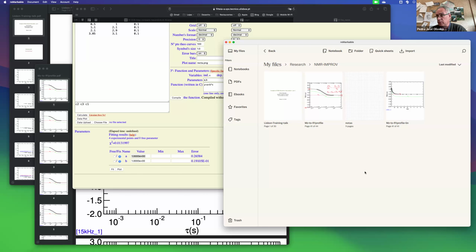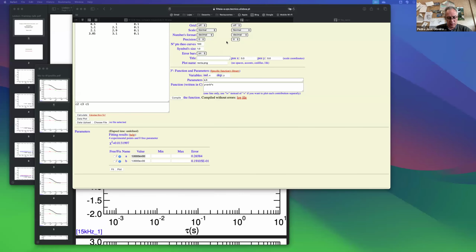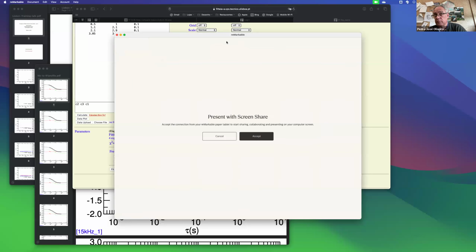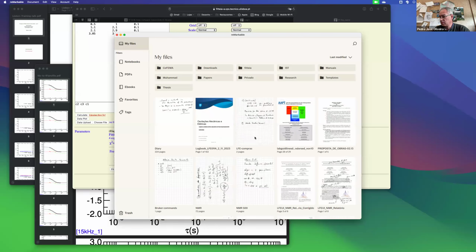Connect to the app. Okay, sorry guys. Now it shows. Okay. So sharing, let me see if it accepts. No? Okay.